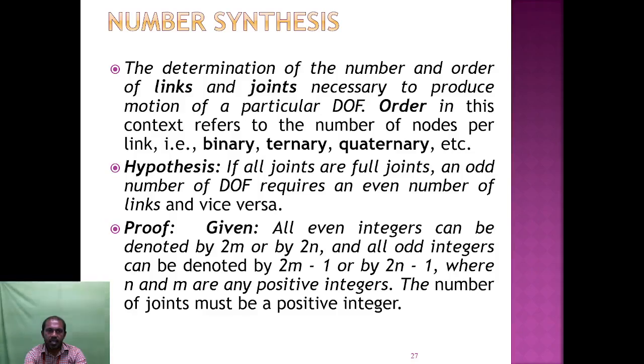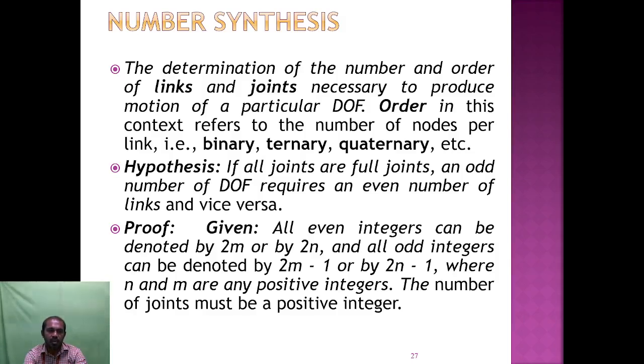Order in this context refers to the number of nodes per link: binary, ternary, quaternary, etc. Hypothesis, it's very important: if all the links are full joints, an odd number of degrees of freedom requires an even number of links, and vice versa.